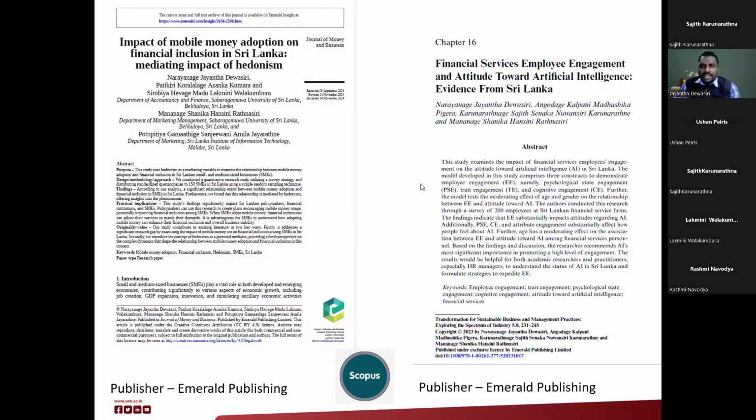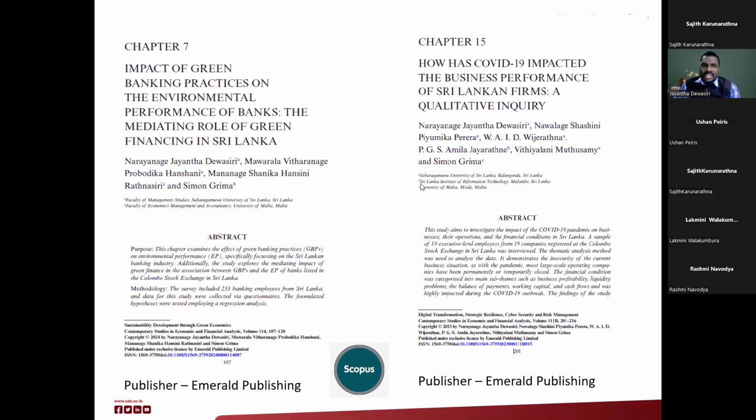So the third research study is also published in a book, indexed in Scopus, and the publisher is Emerald. That is by another student, one of the past students from Sabaragamuwa, Prabodhika Hansini.